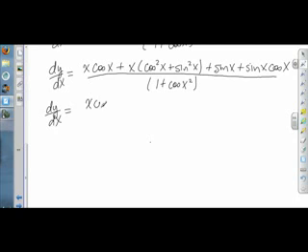Okay, x cosine x plus x plus sine of x plus the sine of x times the cosine of x.